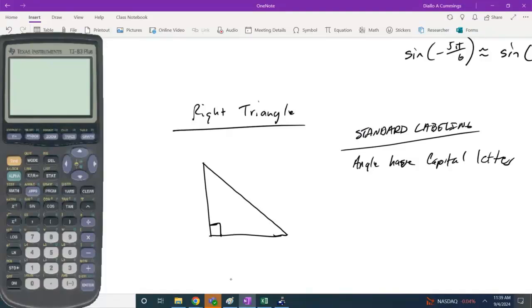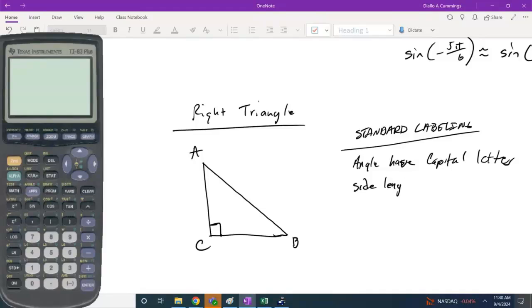Right, so I'm going to call this angle A. I'm going to call this angle B, and I'm going to call this angle C. And normally when they sketch out the right triangles, they use C as the right angle letter. So angles have capital letters, and in order to find angles, we're going to use these arc functions. Side lengths have lowercase letters.